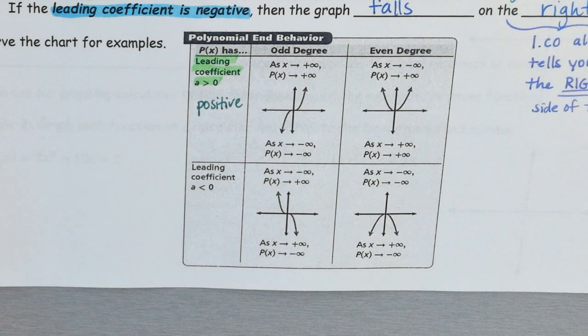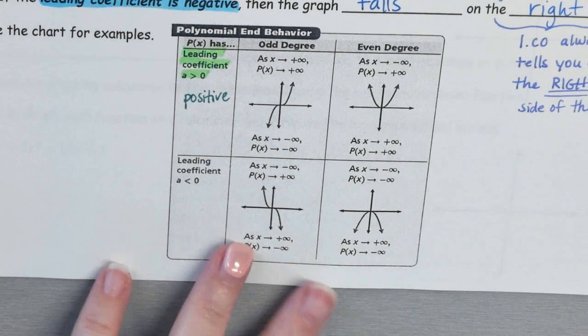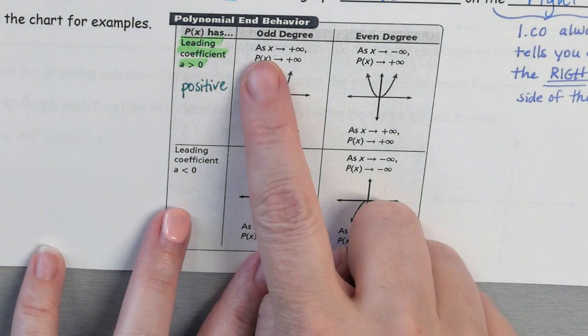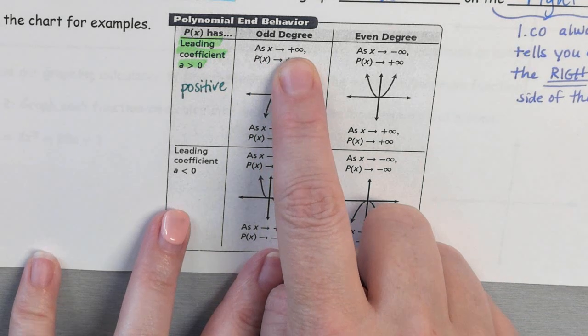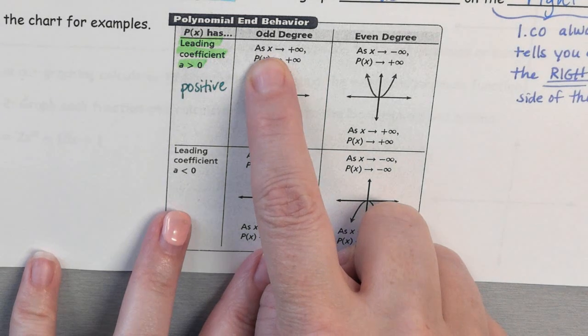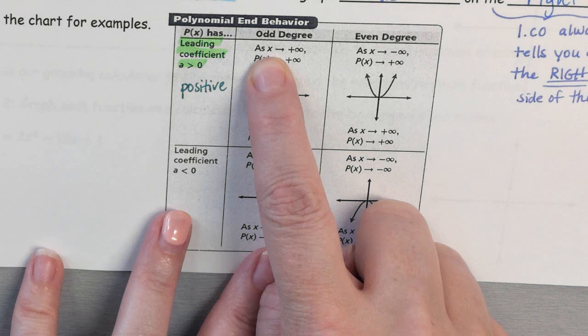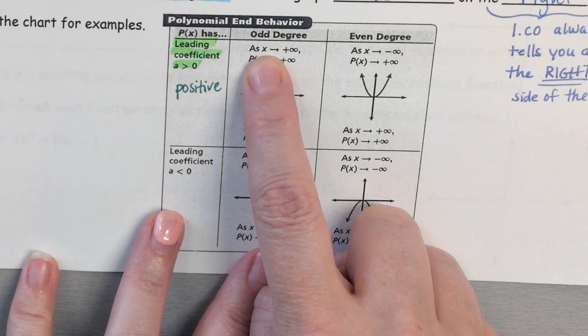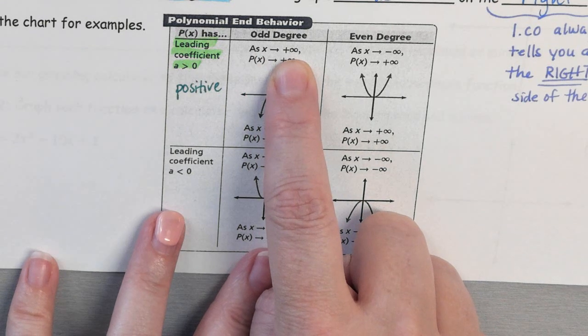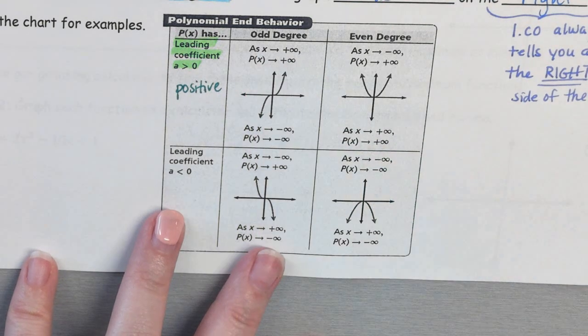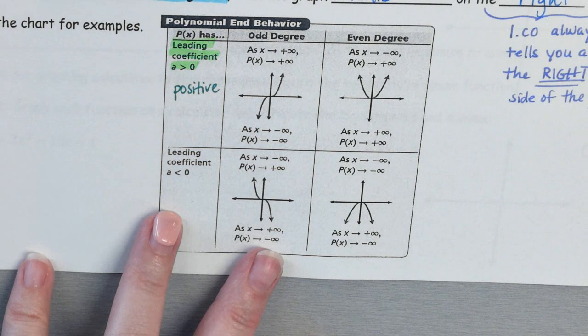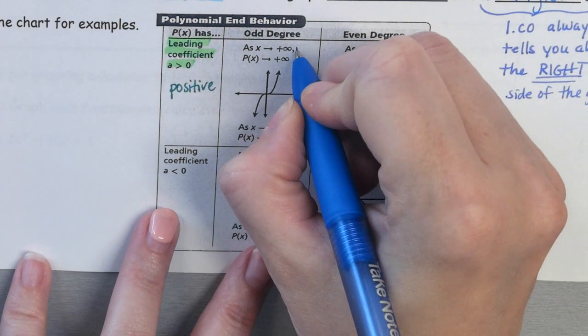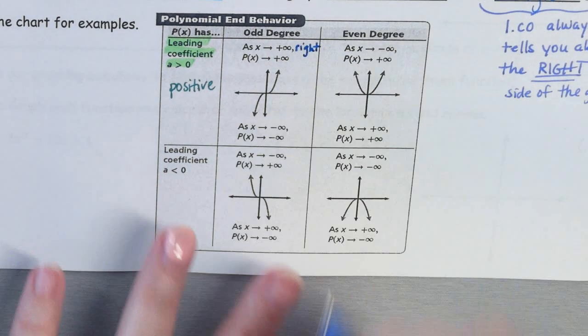Okay, so let's see what happens if it is positive. It says as x goes to positive infinity. Now, I know from what we just talked about that the x-axis runs left and right. So for the x value, if it's going to positive infinity, that means they are talking about the right side of the graph.